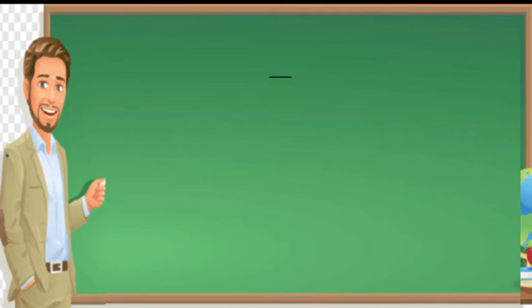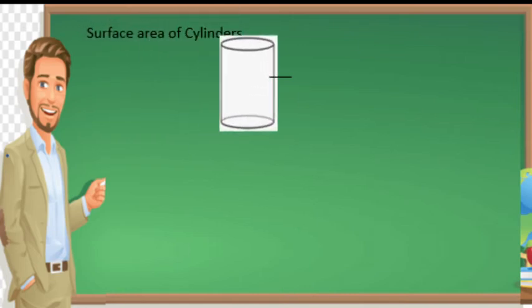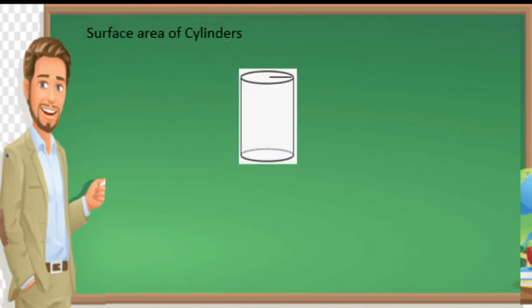Okay, so this time we're going to get the area of the cylinder. Okay, now considering we have this figure, we have this can. If we cut a label from a sardine can, we will see that the label is a rectangle.